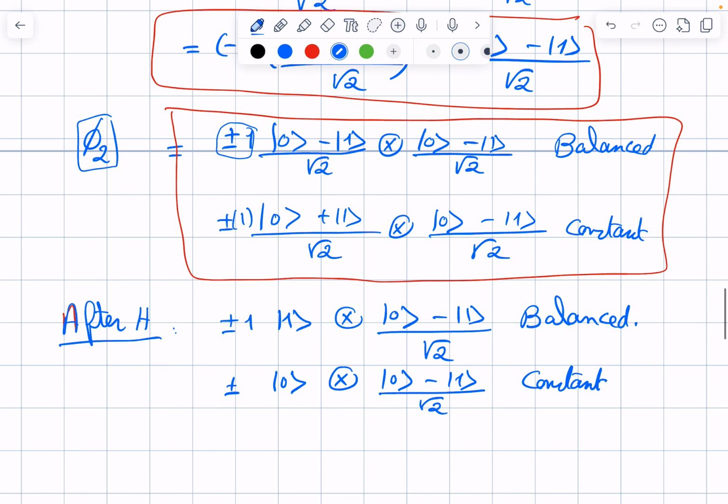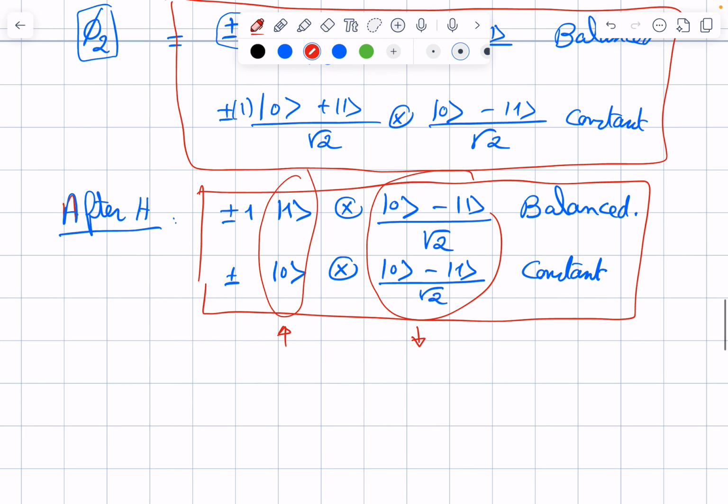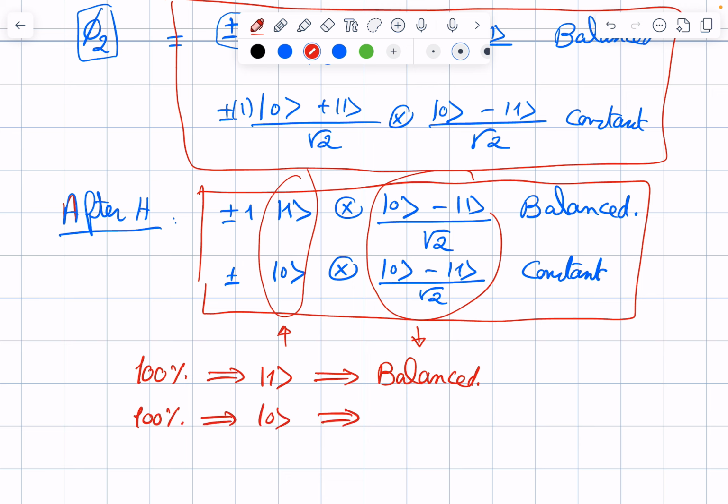So what exactly happened? If we measure the first qubit, remember this is the first qubit, the qubit in the line above, and this is the qubit in the line below. We see that with probability 100%, we measure a 1 if it is balanced, and with probability 100%, we measure a 0 if it is constant.